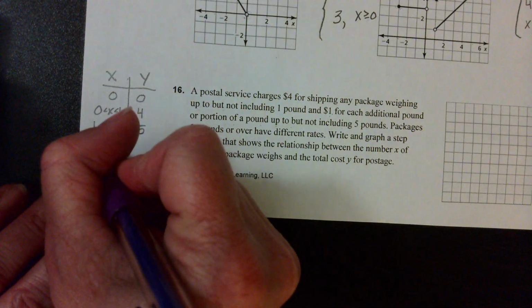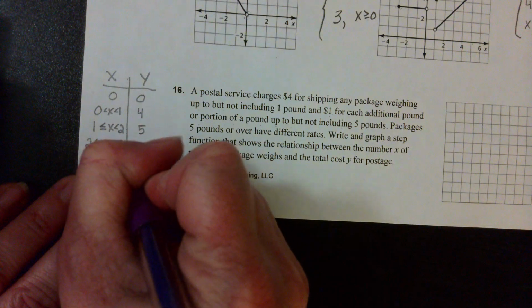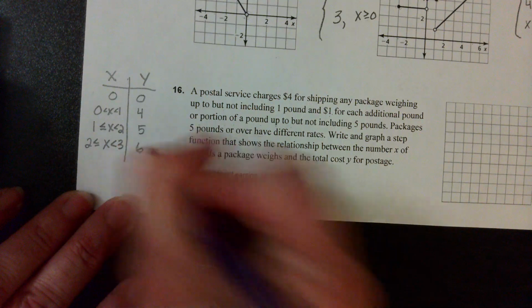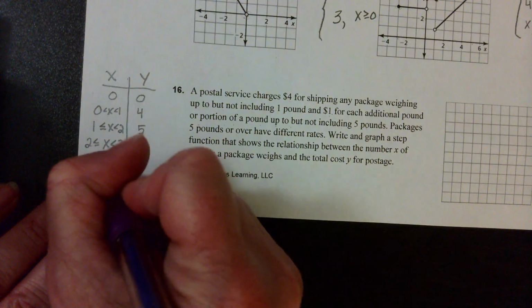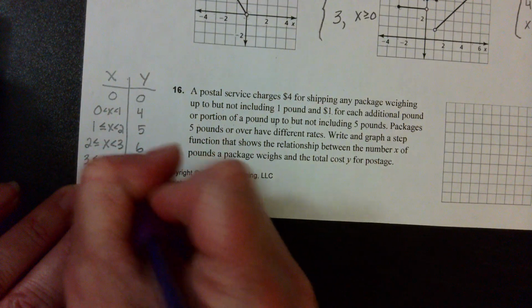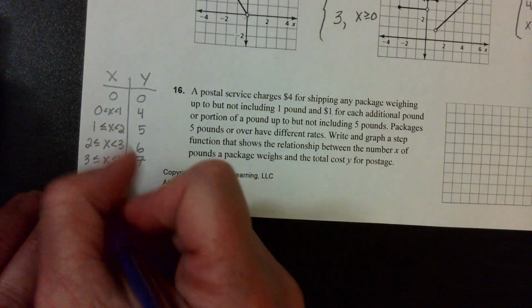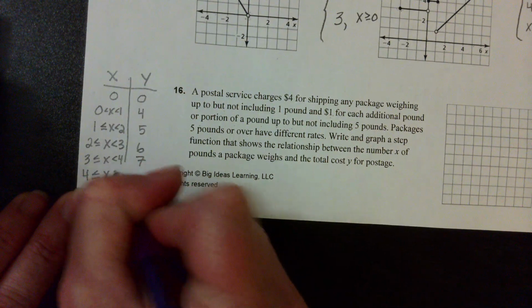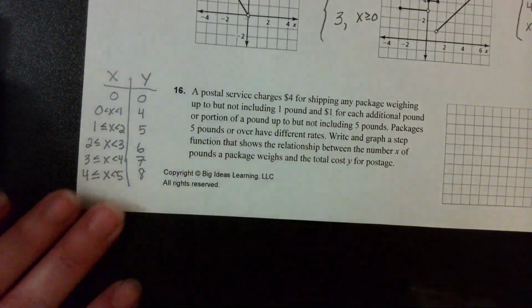If it's 2 pounds to just under 3 pounds, it's going to cost us an additional $1, which would be $6. Similarly, from 3 to 4, it's going to cost us $7. And from 4 to 5, it's going to cost us $8.